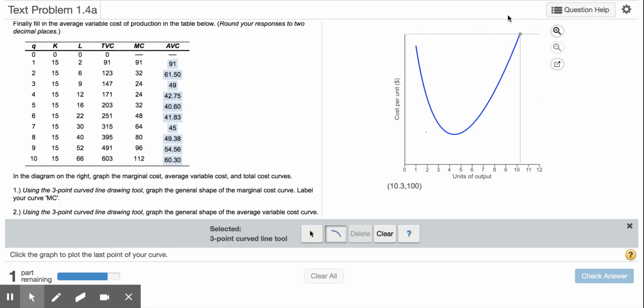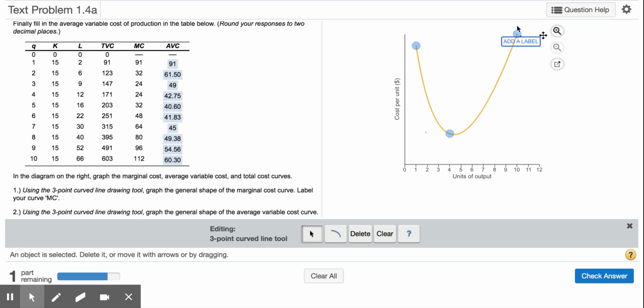The maximum I have in here is 100. So this is the marginal cost curve.